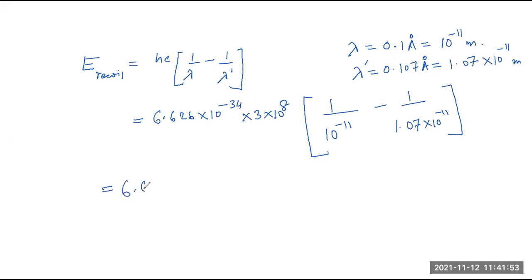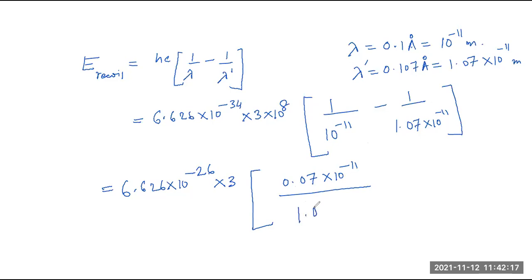So this becomes 6.626 into 10 to the power of minus 26 into 3, right? And this becomes 0.007 into 10 to the power of minus 11 divided by 1.07 into 10 to the power of minus 22. Is it okay, everybody?